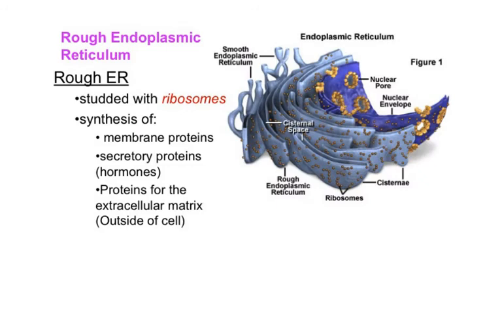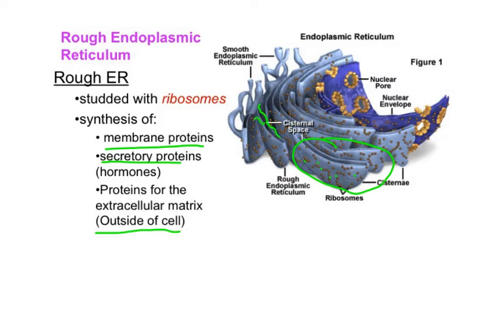The rough ER then is the part of the ER that has all these specks, these ribosomes embedded in it, and its job is to actually make the membrane proteins and the hormones and things for export from the cell. And so what happens is the rough ER makes proteins inside this membrane space.